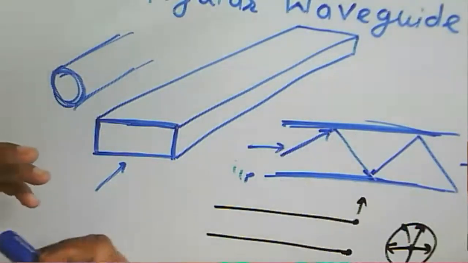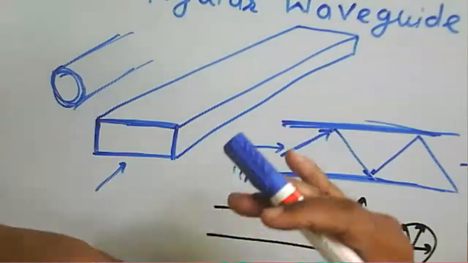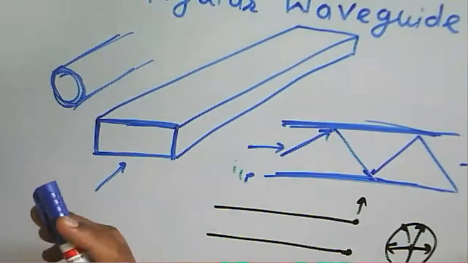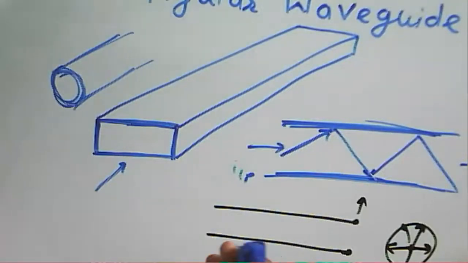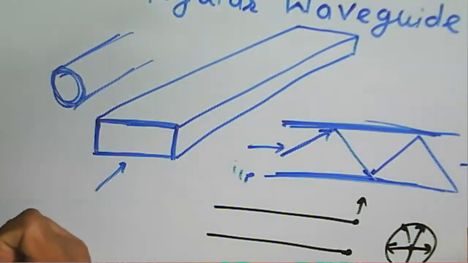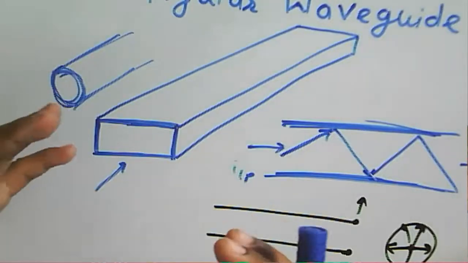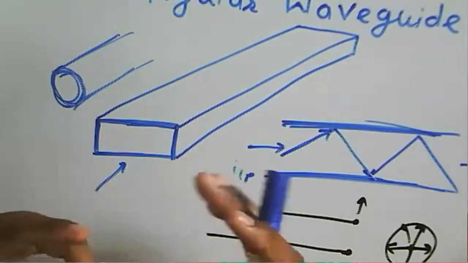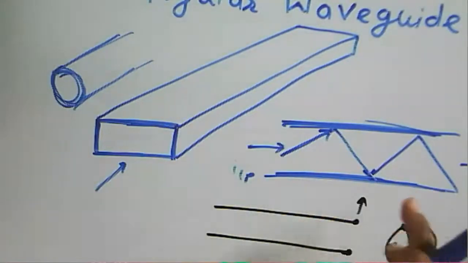Your waves are reflecting from the internal walls of the waveguide. So when the waves reflect from the walls, they have two components, either an electric field component or a magnetic field component, and these components are in the direction of propagation of the wave.